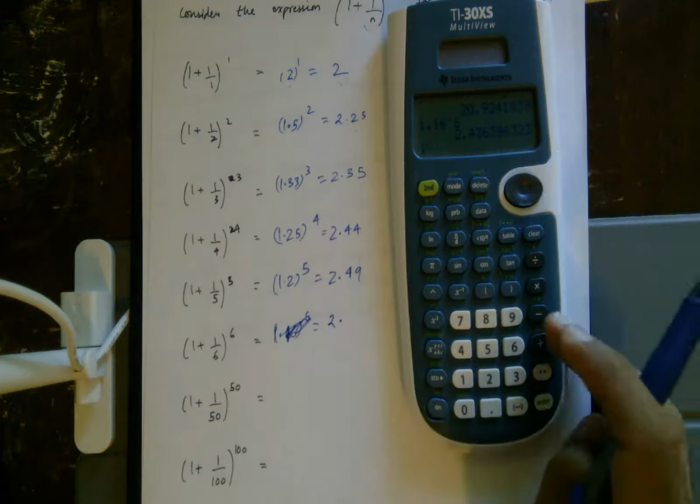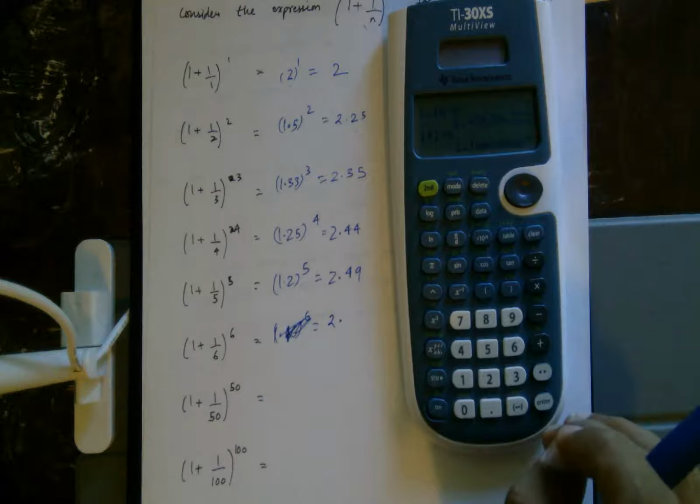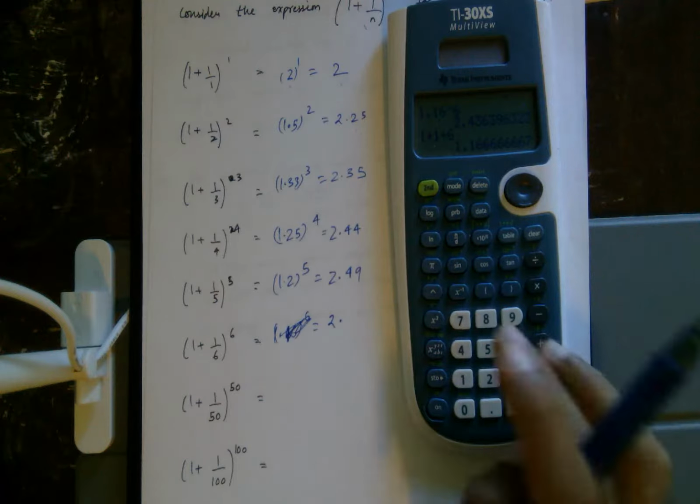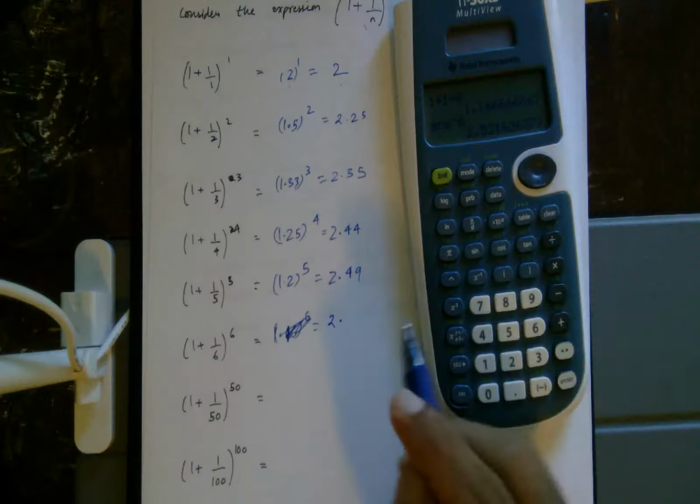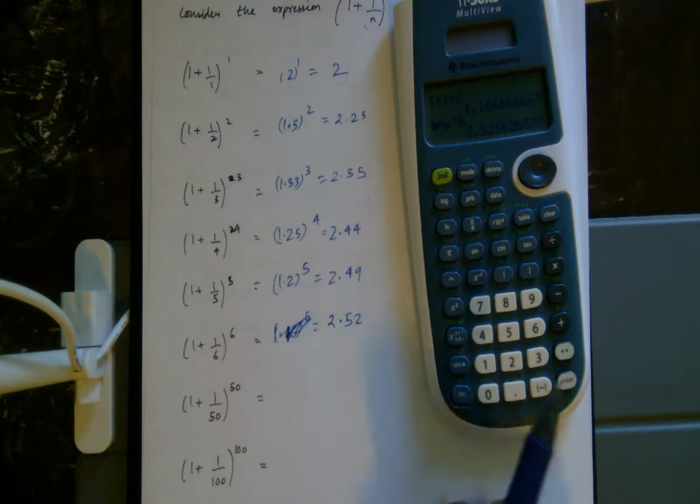Let's just do 1 plus 1 divided by 6. 1.167, I guess, then. To the power 6 is 2.52. Okay, now we're only increasing 0.03.